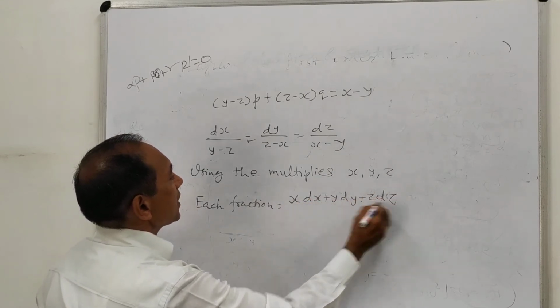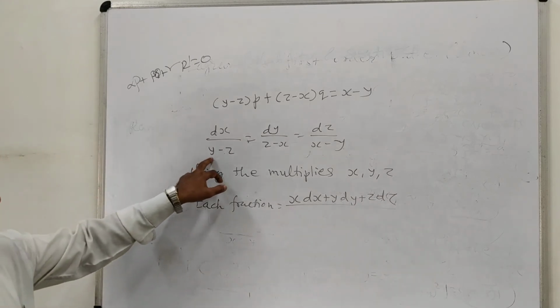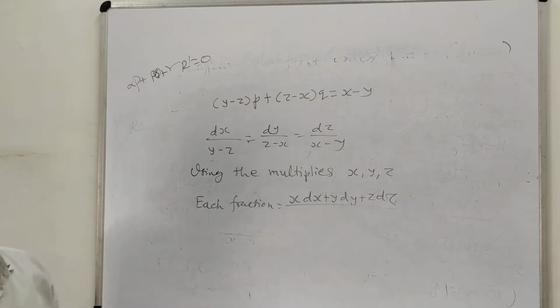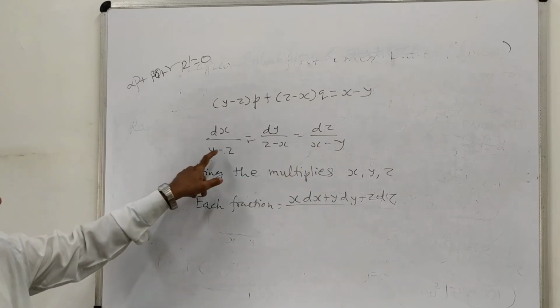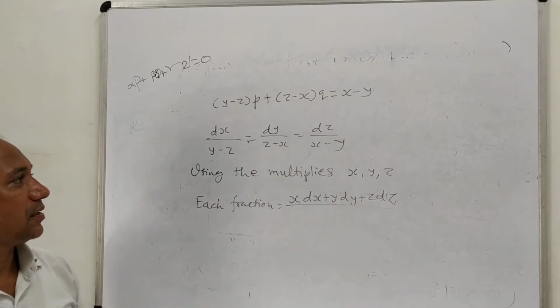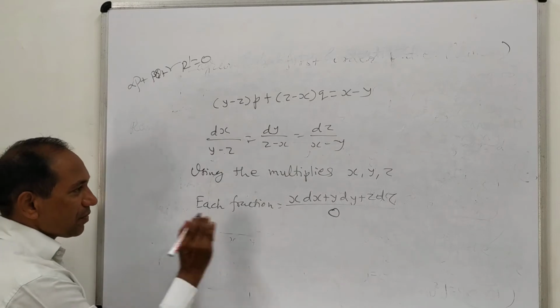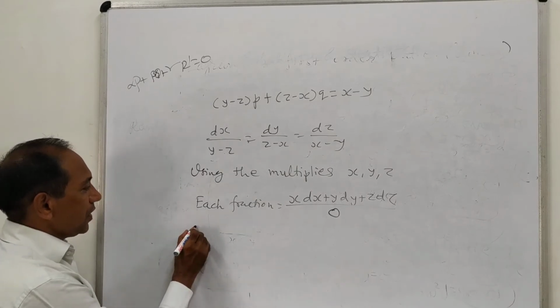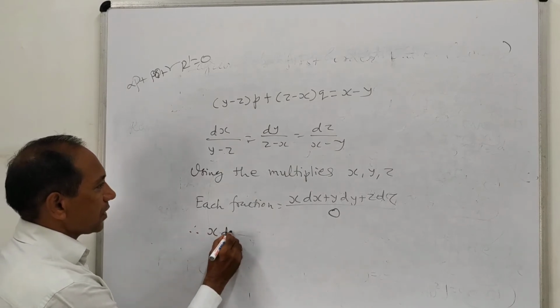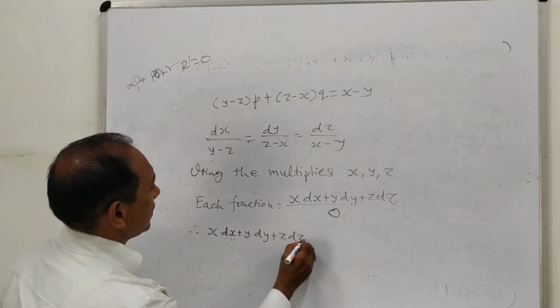This is the procedure, just like the method of componendo and dividendo. We multiply this by x, this by y and this by z and add them together: xy minus xz plus yz minus yx plus zx minus zy, and this becomes 0. You can verify this. If the denominator becomes 0, then we consider the numerator x dx plus y dy plus z dz equal to 0.